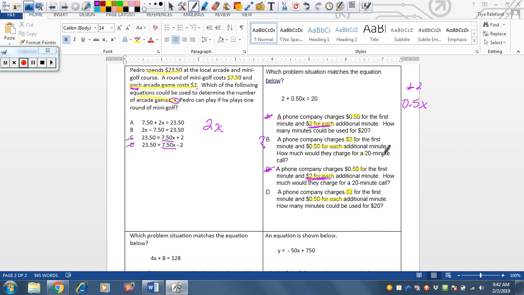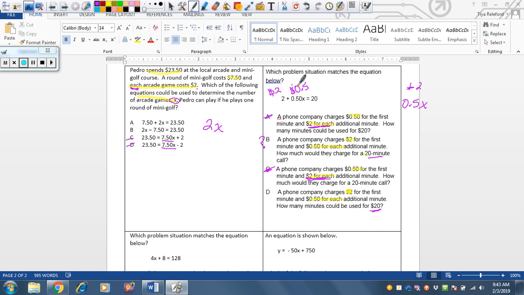It says 20 minutes. And this says $20. Both of them say it's $2 for the first minute. And both options say it's 50 cents for each additional minute.